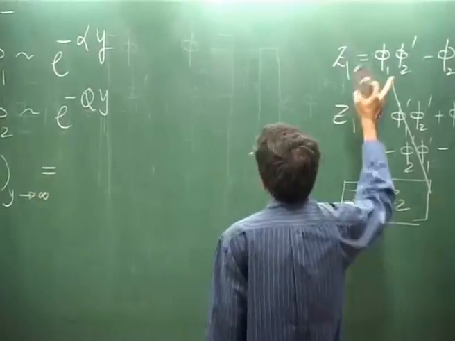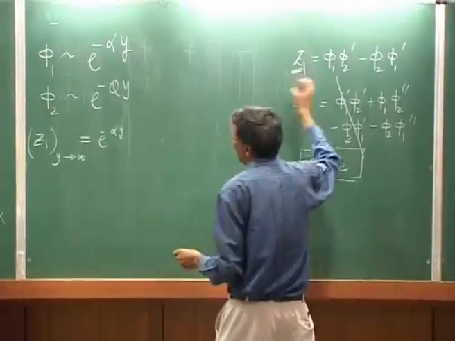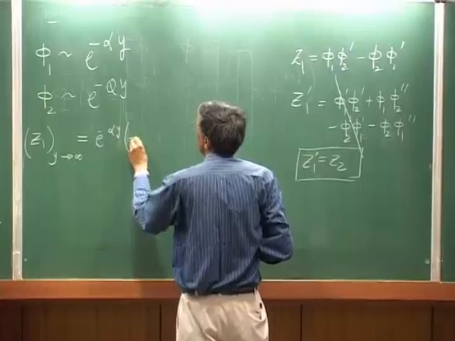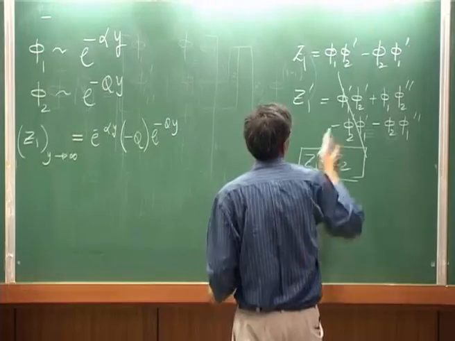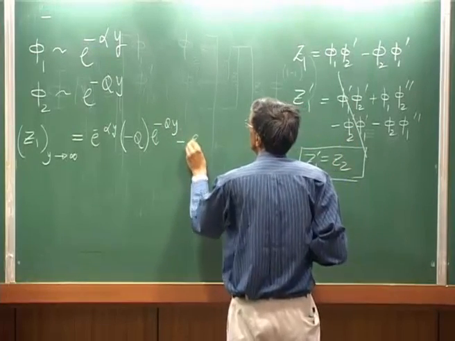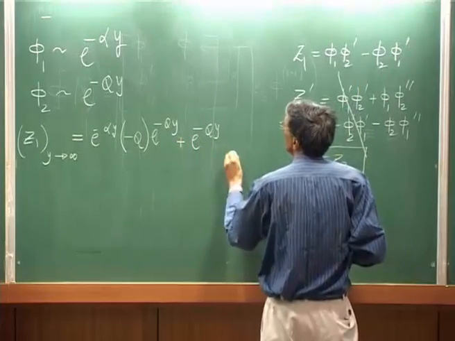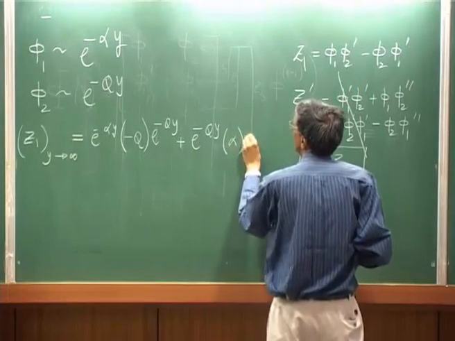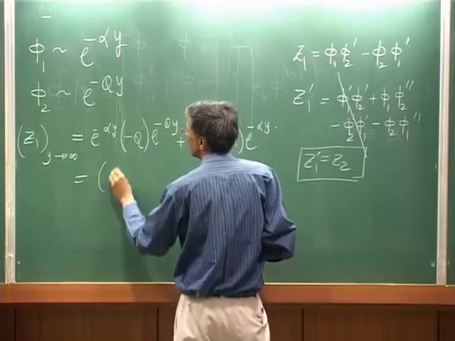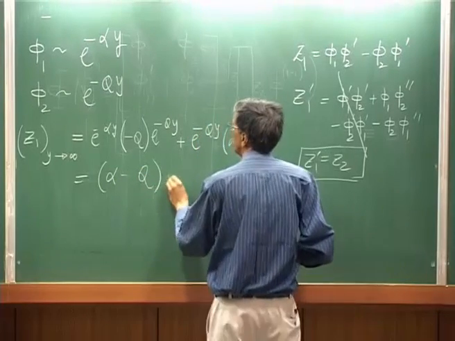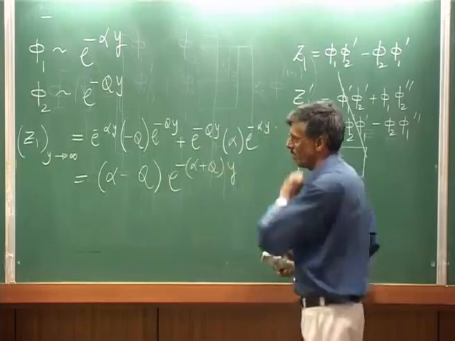We are going to get phi 1 would be something like this, e to the power minus alpha y, and phi 2 prime will give us minus q e to the power minus q y, and if I differentiate it I will get a plus, and I will also get alpha e to the power minus alpha y. So, this looks like this, alpha minus q e to the power minus alpha plus q y.